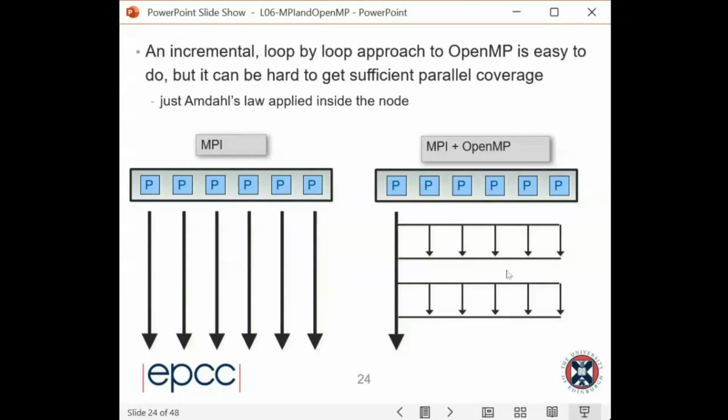So you want that to be parallelized, but to stop the code slowing down because of Amdahl's law, you have to parallelize every loop in your code with OpenMP, even if those loops or those sections of code were perfectly okay in pure MPI. So if you have a hybrid MPI OpenMP code, you have to put OpenMP everywhere. Otherwise, you're not using up all the parallelism within a node, even if you only really need it for performance reasons in one place. And this is something which people often forget.